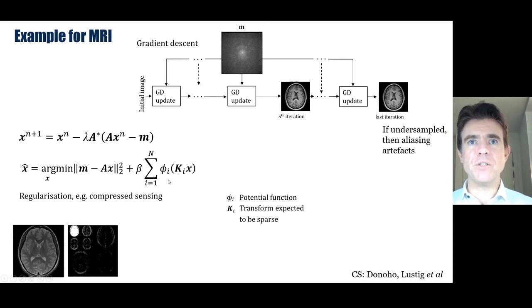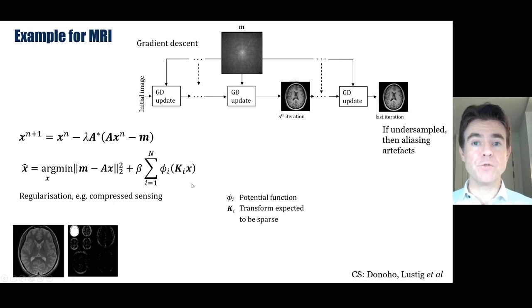So basically this is composed of some kind of transformation of your reconstructed image such that when you transform into that space, you expect there to be a very sparse amount of data in that transformed space. That could be, for example, a wavelet transform, as perhaps indicated there. Or you could be requiring that the image be composed of piecewise smooth regions, in which case some kind of gradient operator on here should give a sparse result.